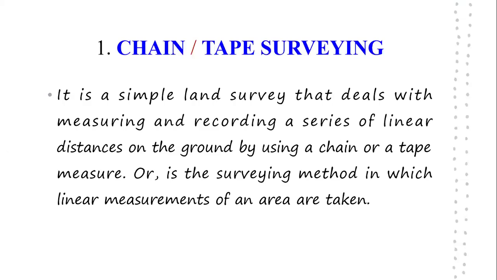So this is the first method of land surveying, whereby it involves the measuring and the recording of a series of distances on the ground which are in a straight line by using a chain or a tape measure, or simply a surveying method in which the linear measurements of an area are taken. So this is a simple definition of the chain or tape surveying.